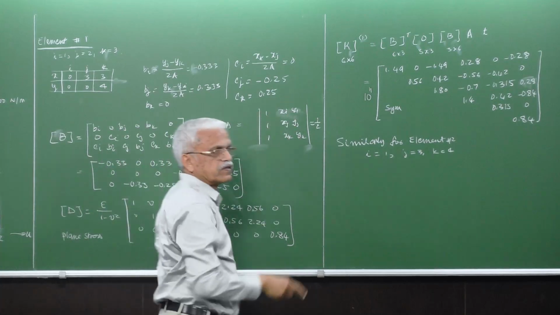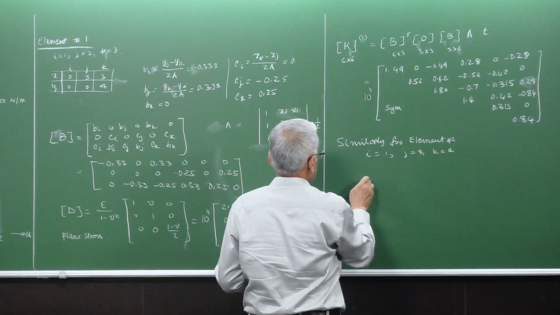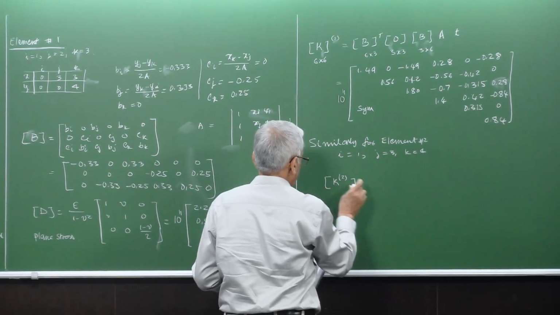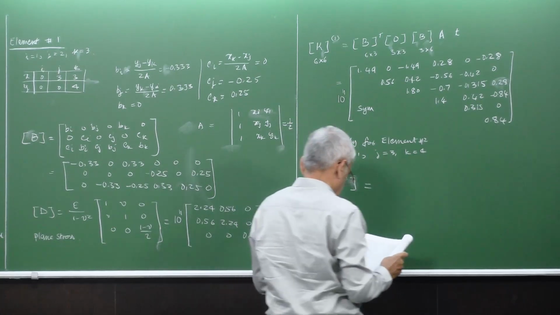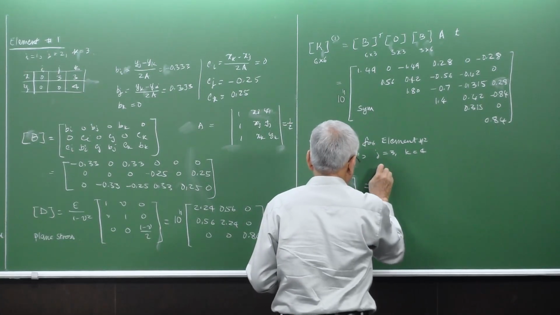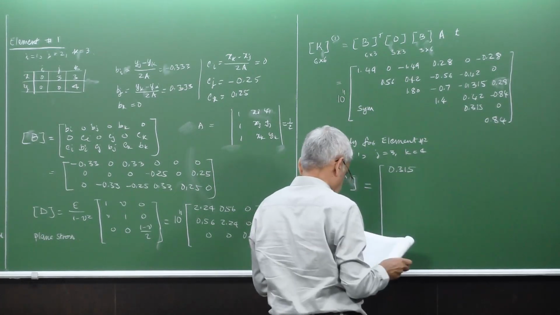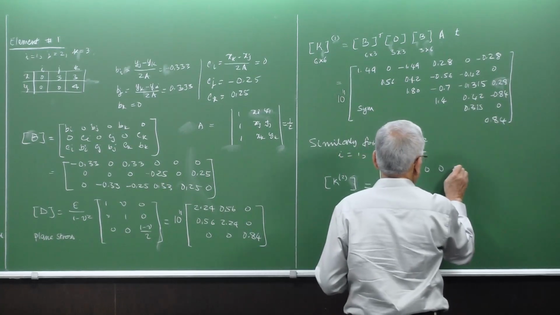So go through B transpose DB. So if you do that, the K for the element 2 will look like this. I'll write it all the same just so that you can verify it yourself.